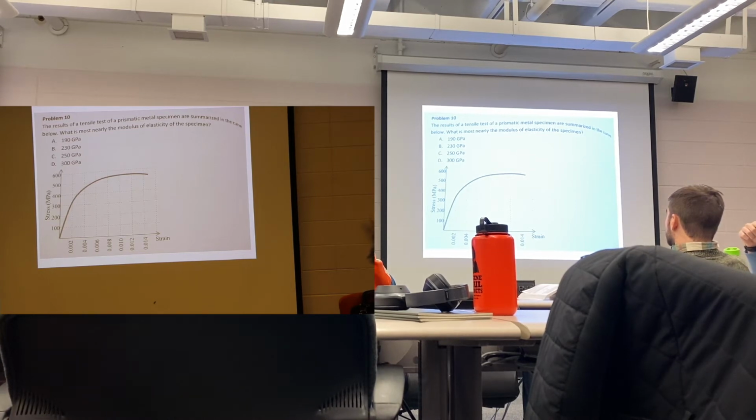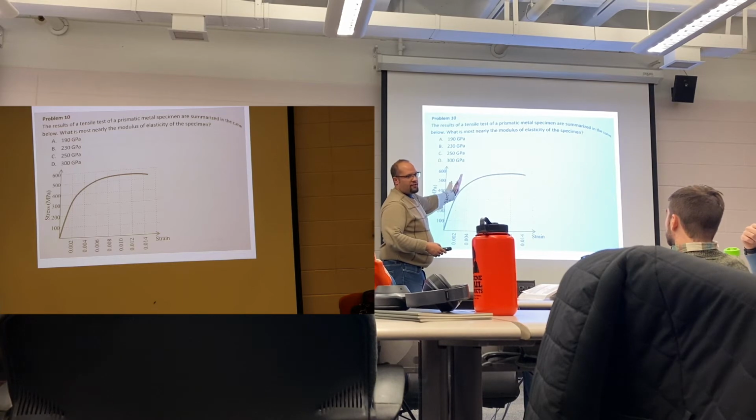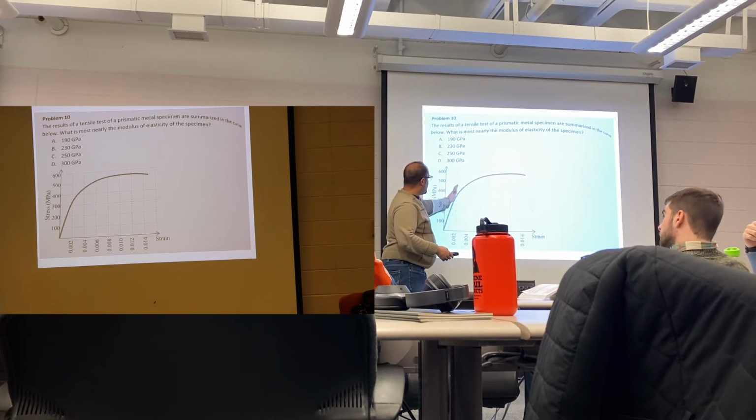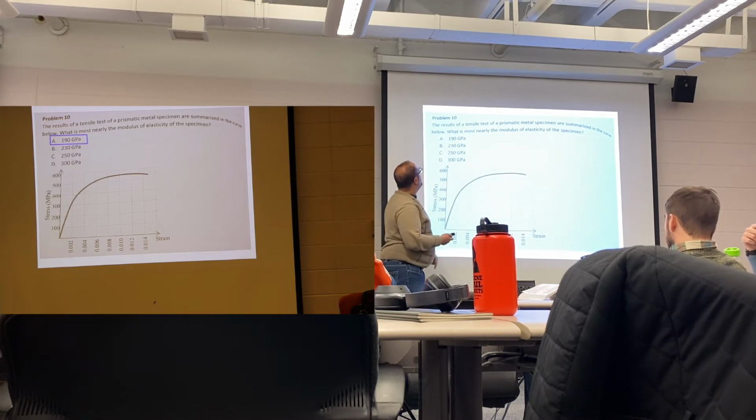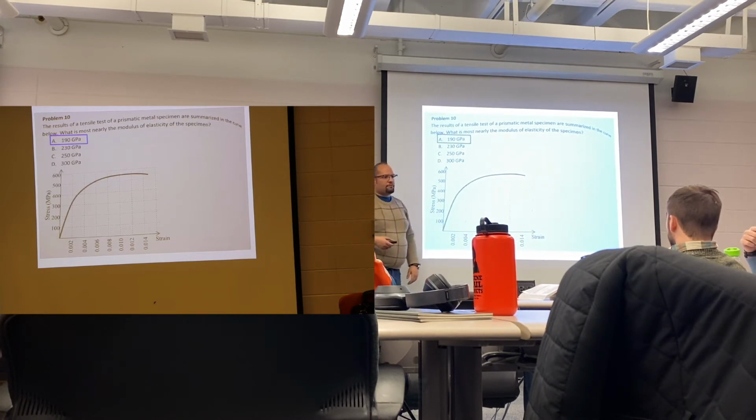The modulus of elasticity is the slope of the linear part. However, here it's not very easy to deduce it, so you may need to draw a tangent. If you draw a tangent, you find that it intersects somewhere here, 370, 380. Over 0.002 will give you 190.